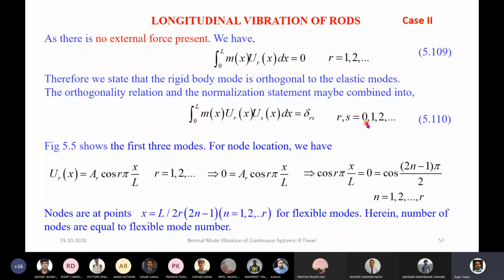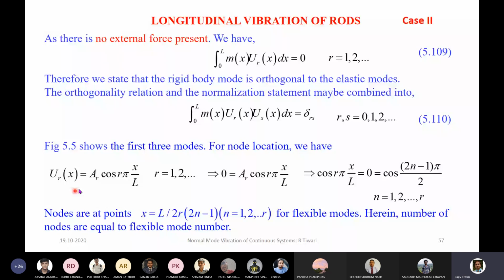Now coming to the eigenfunction corresponding to the flexible mode, this is the expression. This has not been normalized. Here we can normalize by substituting here. But if you want the node position, we need to put this displacement quantity equal to 0 and solve for x.